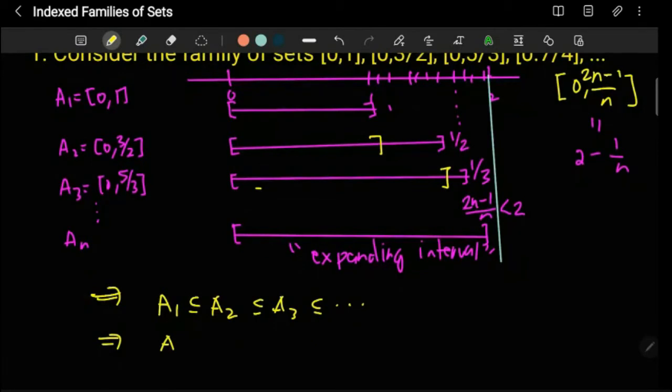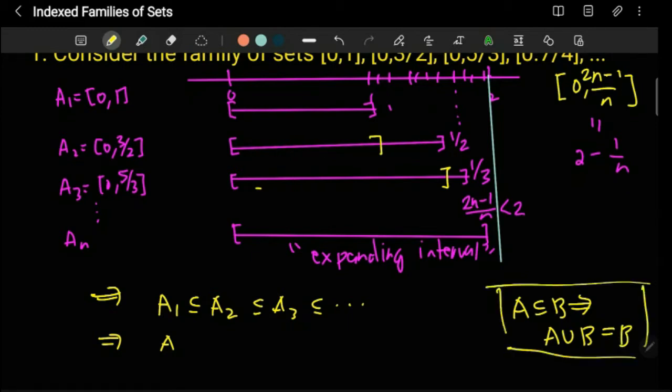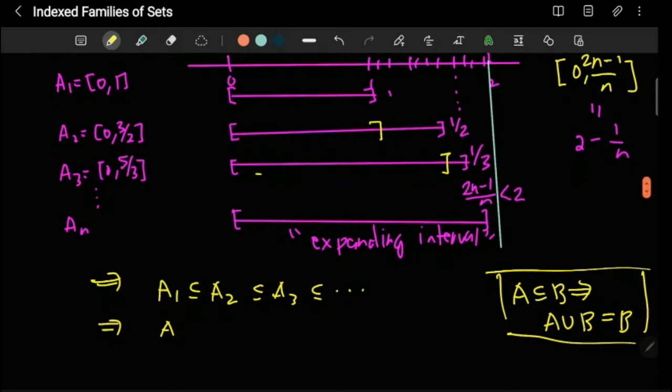Since si A ay subset ni B, syempre, pag ni-union mo yung dalawa, if you remember the properties of union, ang A union B must be equal to, si A, subset lang siya ni B eh. Nasa loob si A ni B. So, pag ni-union mo siya kay B, si B pa din yung sagot, di ba? Recall natin yan, ha? So, that's why it's very important na naiintindihan nyo yung elementary set operations.